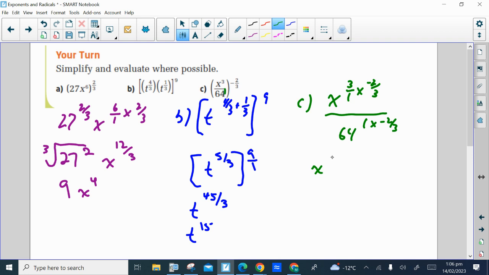So it's top times top over bottom times bottom. And on the bottom, we'll have 64, and 1 times negative 2/3 is negative 2/3. Now on top, negative 6 divided by 3 is negative 2, so we can do that, over 64 to the negative 2/3.